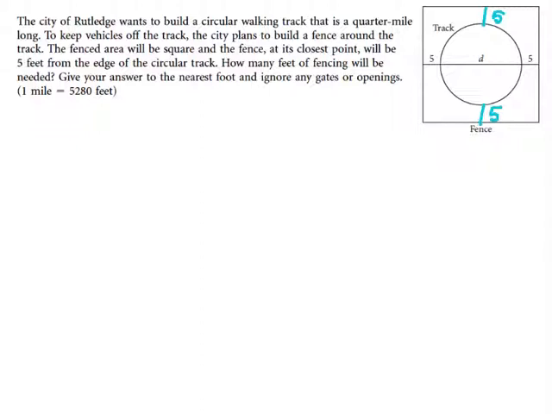Now they're asking us to figure out how much fencing I need. So basically I need to find the diameter, right? And they tell me that the circumference needs to be a 1/4 mile.